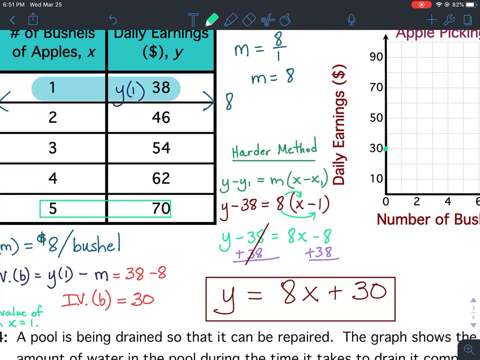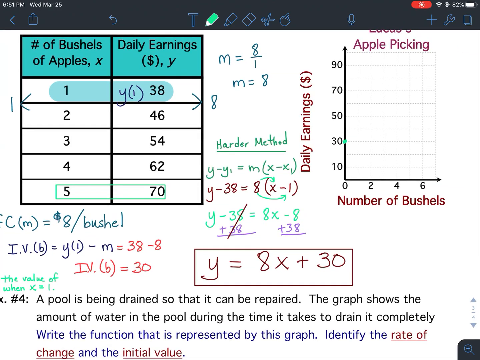So I'm going to use that ordered pair to finish drawing my graph. So I'm going to go over to the 5 and up to 70. And starting at the 30, go through the 70. Put my arrow only at the one end because you can't pick a negative number of bushels and you can't take negative money. So it's going to be only positive numbers in the first quadrant.